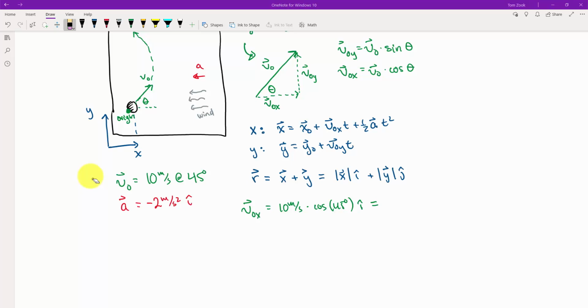Cosine 45, yeah, let's call it 7.1 meters per second. And that is in the positive i direction. And then v0y is just going to be the same thing, because we chose 45 degrees to make our life easy. It's going to be in the j direction.